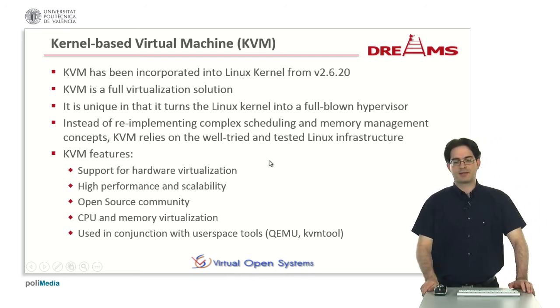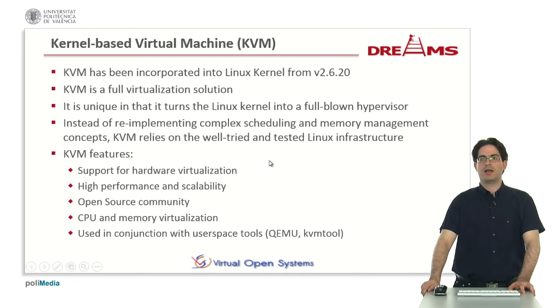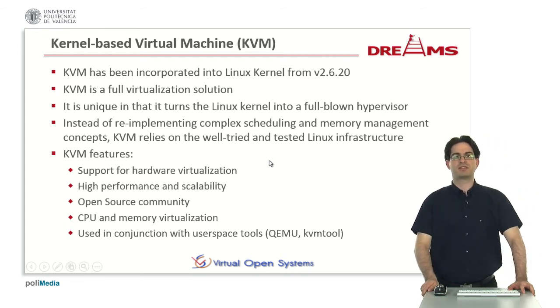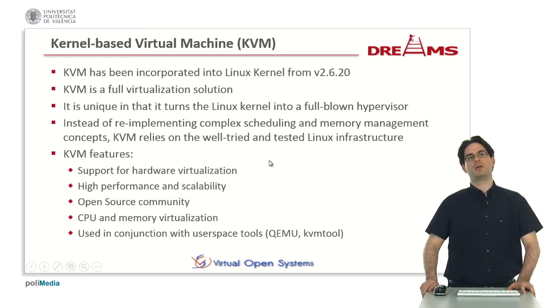So, having said that and seeing the actual problem of emulation, there are other techniques, of course, like para-virtualization and hardware-assisted virtualization, and all these concepts can be seen being used in a specific, very well-known hypervisor, which is KVM, or Kernel-based Virtual Machine.